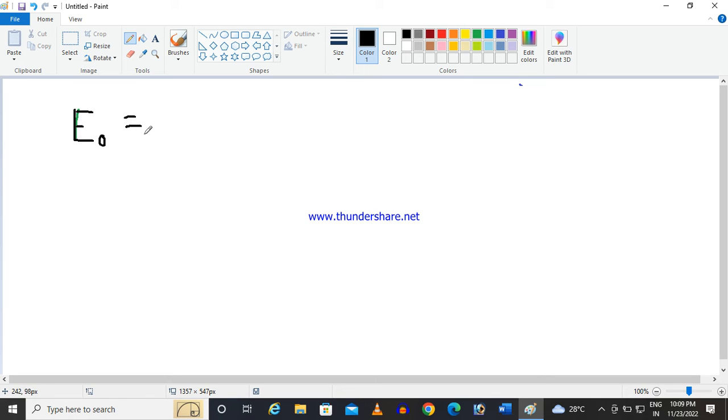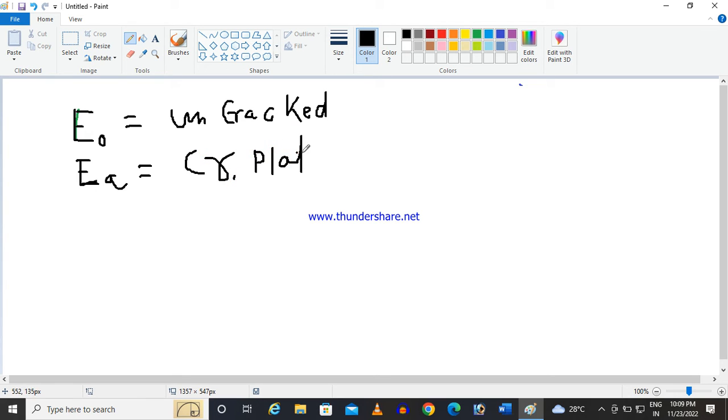This is the energy of the uncracked structure, E0, and this is the mechanical energy of the cracked plate, EA.